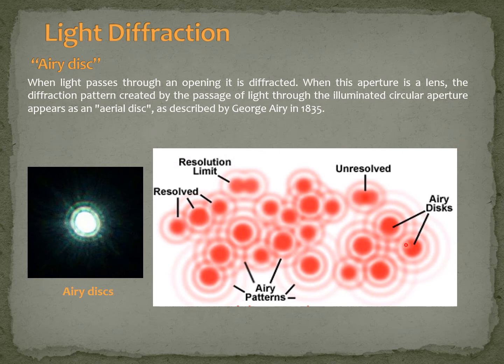So you can see two different objects perfectly resolved, and you can see these two are not resolved, so they are below the resolution of the microscope. And these circles of light, now we usually refer to them as Airy disks, due to the name of George Airy, who was the first person.